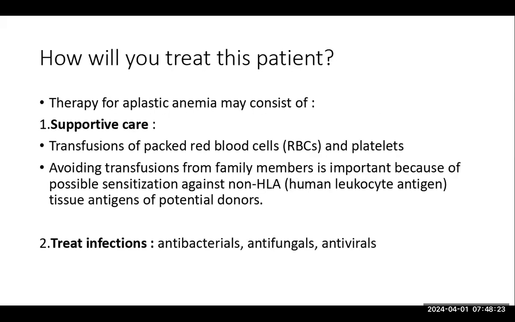The question says as well, how will you treat this patient? Well, for aplastic anemia, which we'll manage in this patient, first, there will be supportive care. I would like to say that it's a multidisciplinary approach.